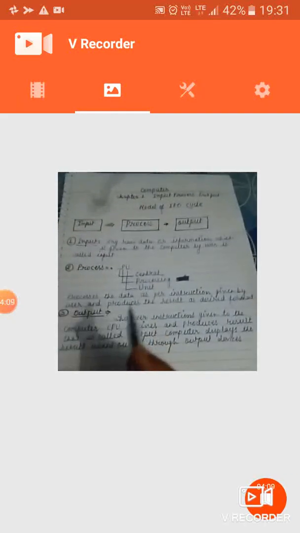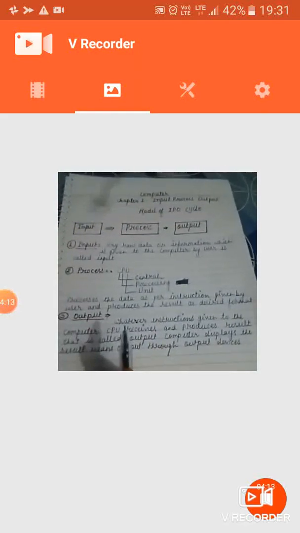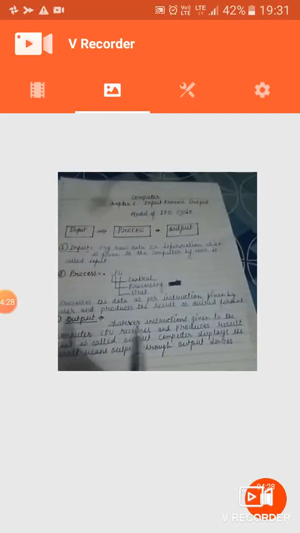The computer receives your instructions, processes them and produces the output as per the instructions given by the user, and provides the output in the desired format.